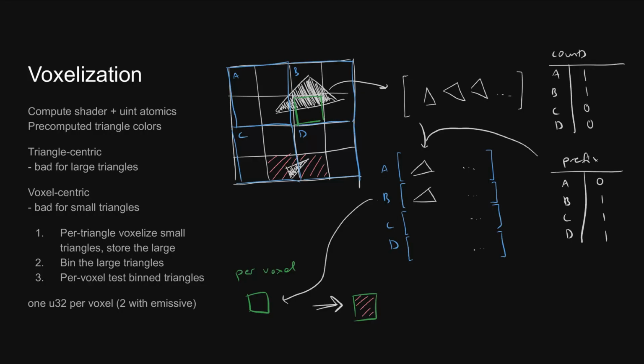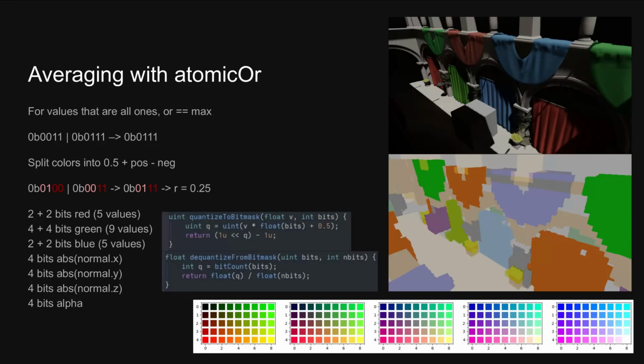Although you'd have to have another U32 if you wanted to store emissive light as well. I've only done diffuse color. So how is the information stored in one U32 per voxel? Well, there are 3 things we need. We need the color of the voxel, and we need the normal of the voxel.